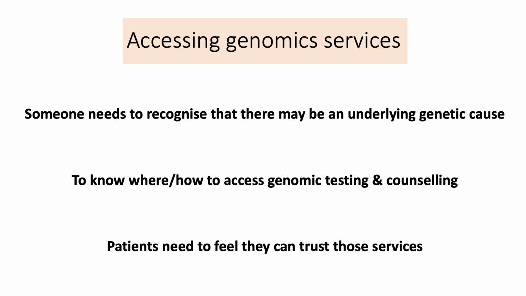So I think a lot of what people have already talked about in previous speakers is also relevant for genomics and genetics as well. In order for people to access genetic services or genomic services, somebody needs to recognise that that person may have a condition which is genetic in nature. And that might not be the health professional they're seeing.